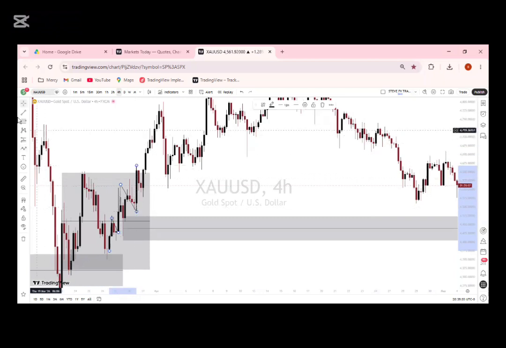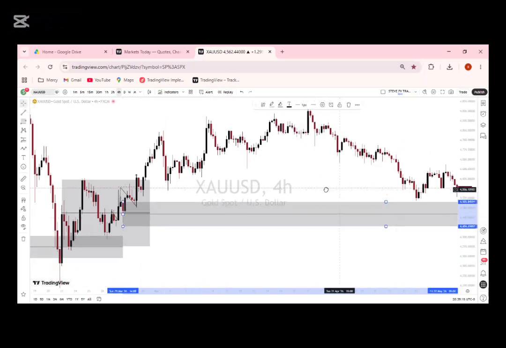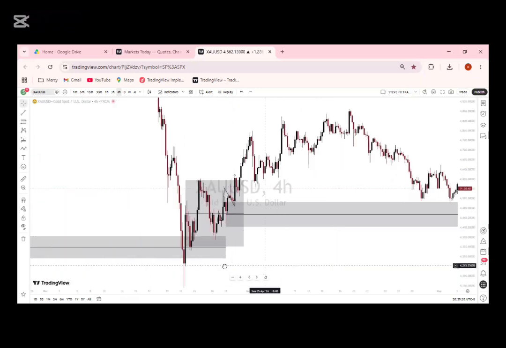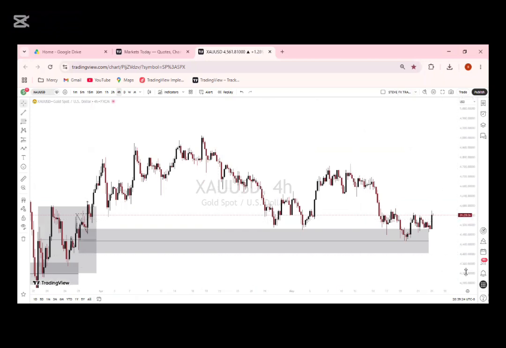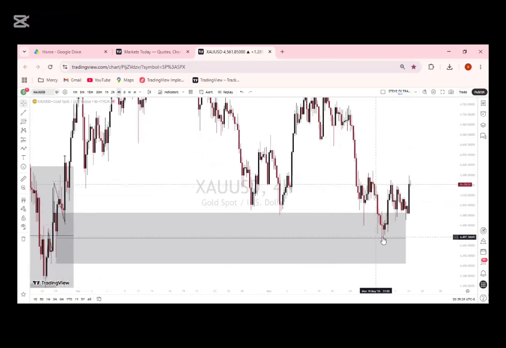We had a break of structure from this particular zone, making this order block a valid zone that we can choose. You can check the conditions for picking a valid refined order block as well. So that becomes our order block from the 4-hour time frame.